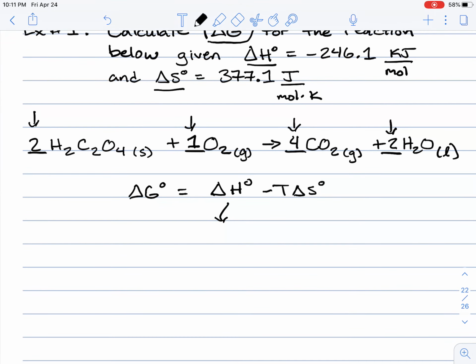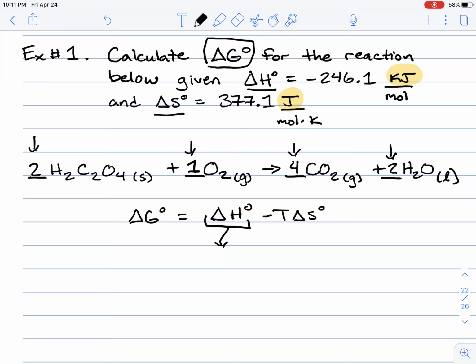For the value that I'm going to plug into this term, I'm just going to put in negative 246.1 times 10 to the positive 3 joules per mole. This scientific notation, times 10 to the positive 3, is equivalent to 1,000, right? I'm just taking that kilo out of there and representing it as times 10 to the positive 3, and that's going to be my prefix conversion. Notice that my units are now in joules.